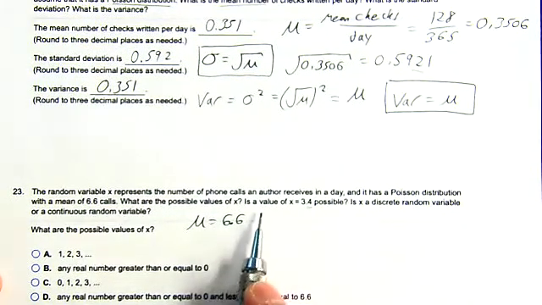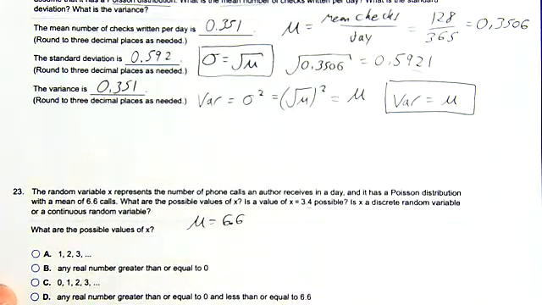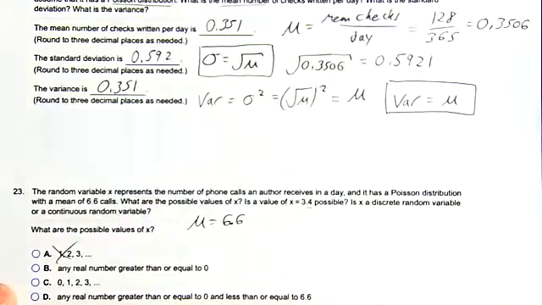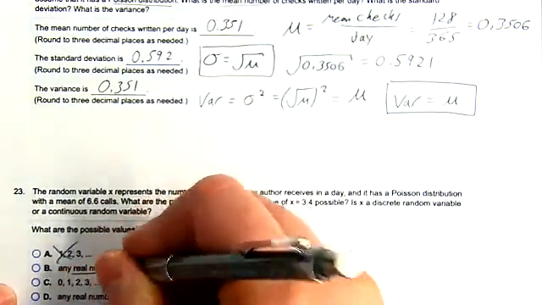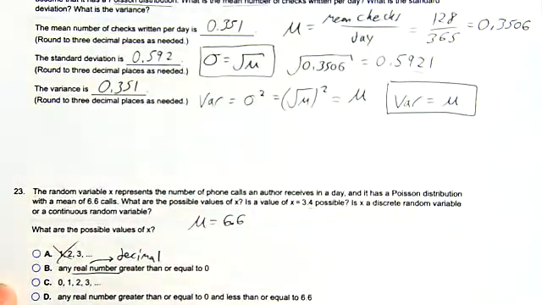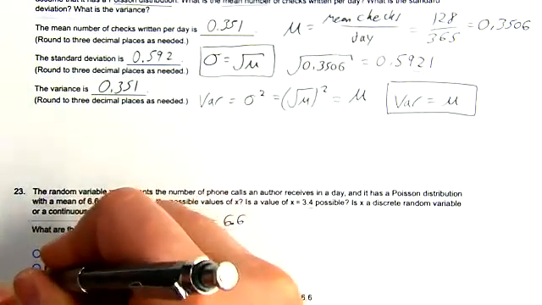So phone calls is a natural number. In fact, the only reason I'd throw out A is because there's no 0. I could get 0 phone calls a day. Any real number greater than or equal to 0. Real numbers are decimal numbers. So that would say, yeah, I can get 3.4, but we just argued you can't. So it's not a real number. So it's got to be C.